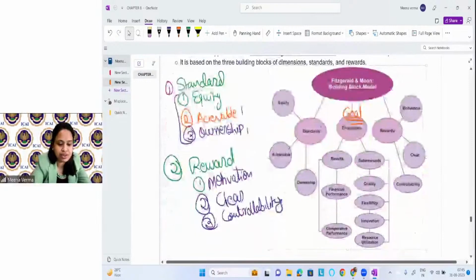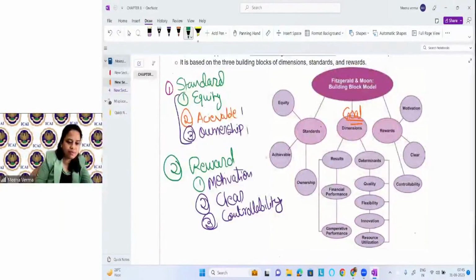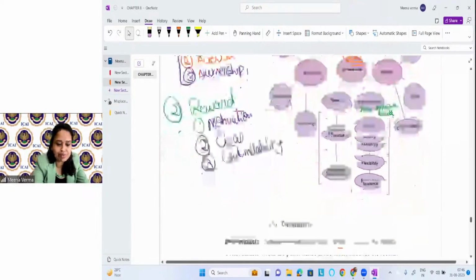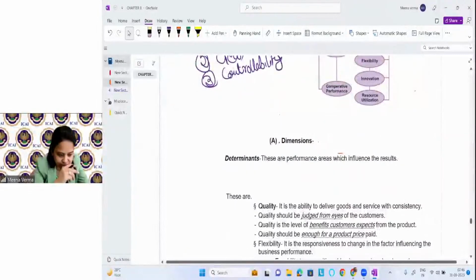Determinant means areas that influence the result.